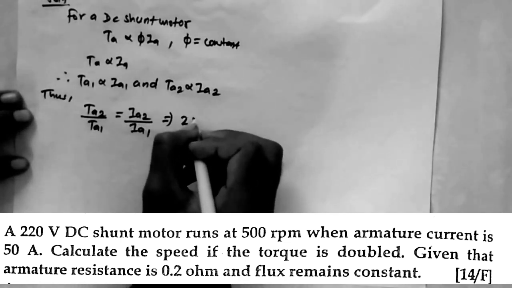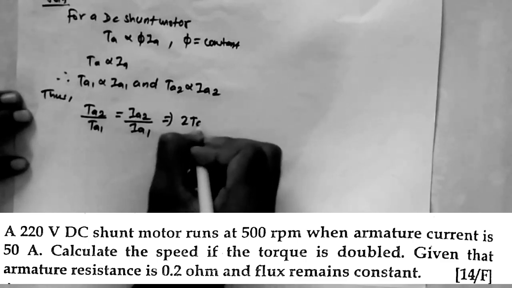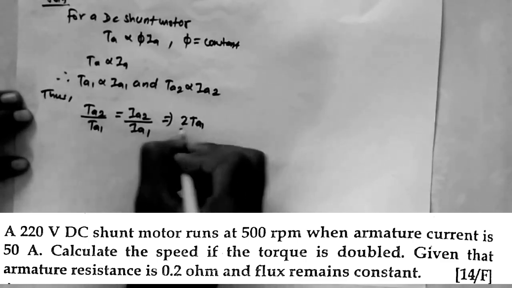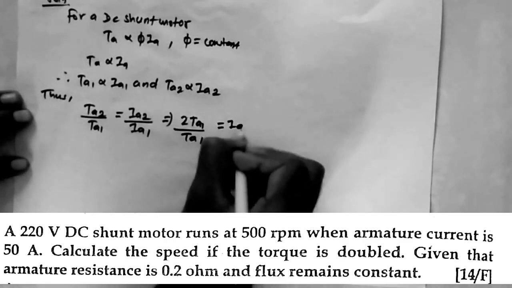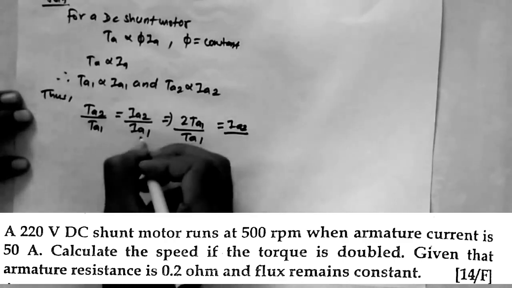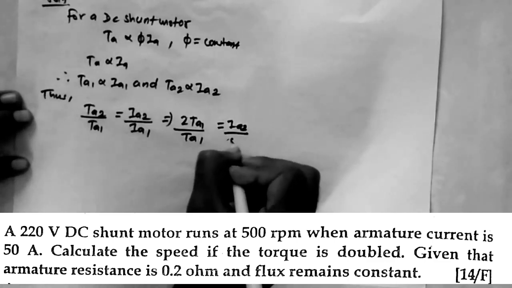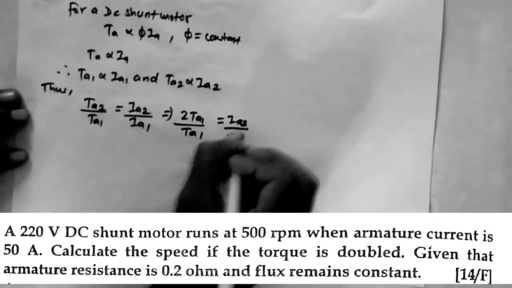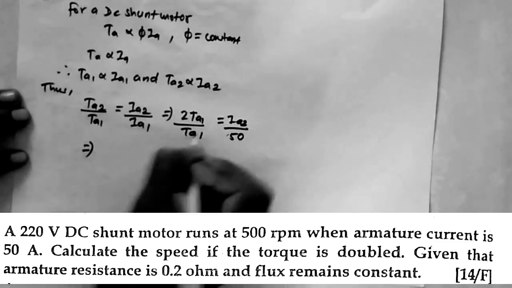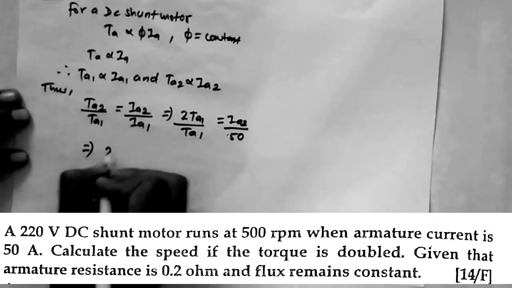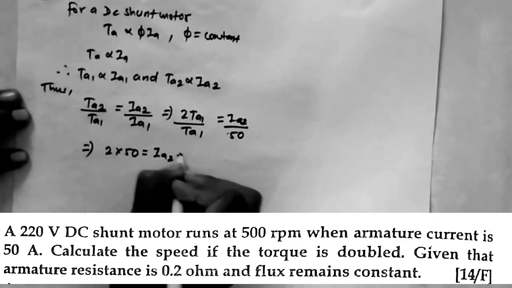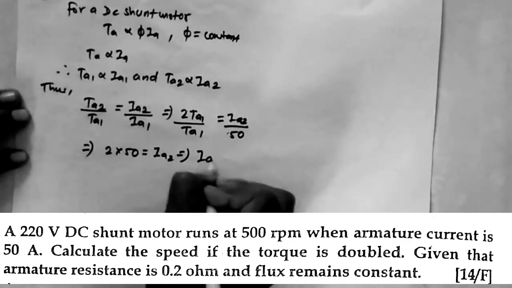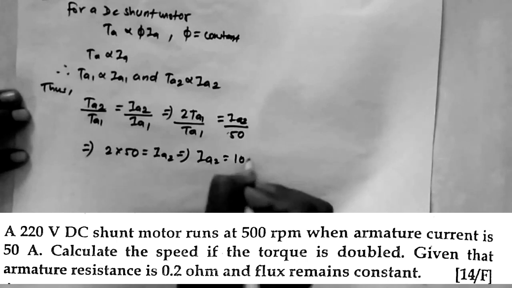Since the torque is doubled, 2 Ta1 upon Ta1 equals Ia2 upon Ia1, and in place of Ia1 we have given 50 ampere. Ta1 cancels, so we get 2 into 50 equals Ia2. So the value of Ia2 will be 100 ampere.